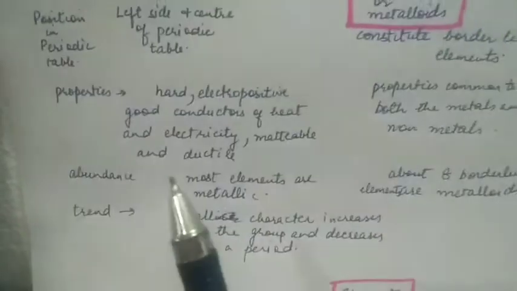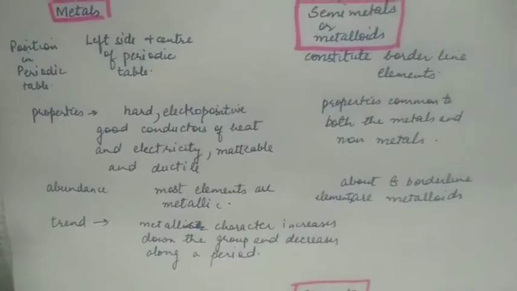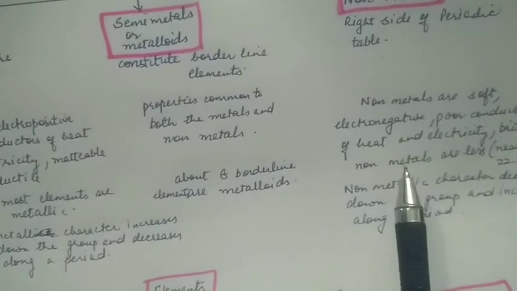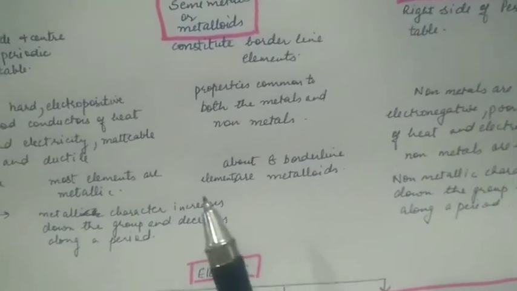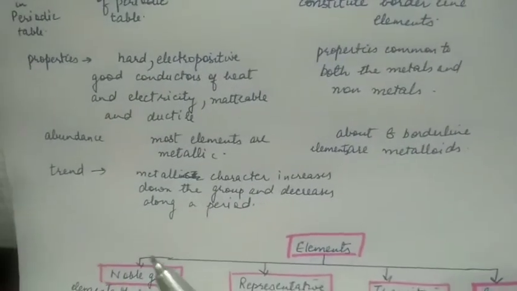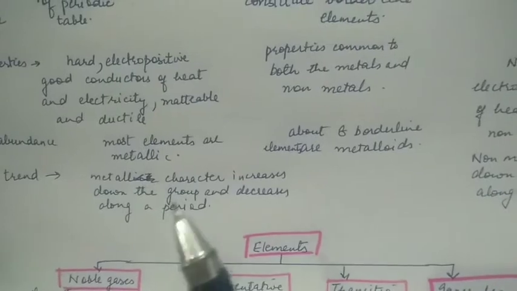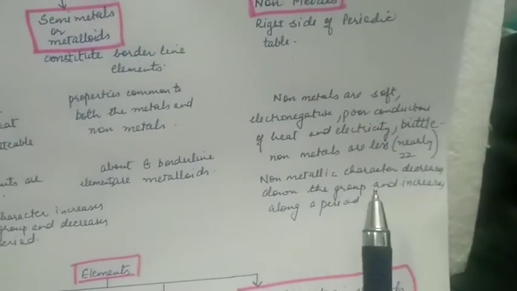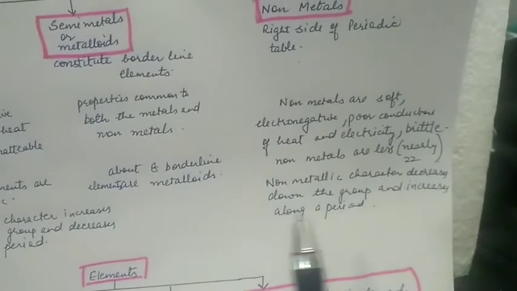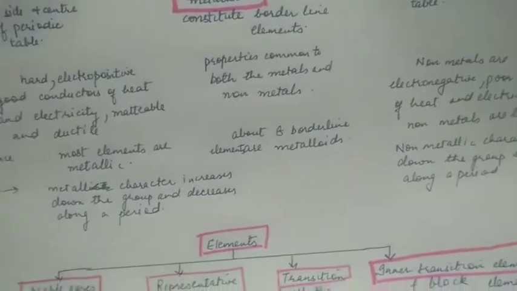As for the number, most of the elements are metallic, so the number of metals is larger. Non-metals are fewer, about 22 in number, and metalloids are only 8 in number. The trend of property change: the metallic character increases down the group and decreases along a period. The non-metallic character decreases down the group and increases along the period.